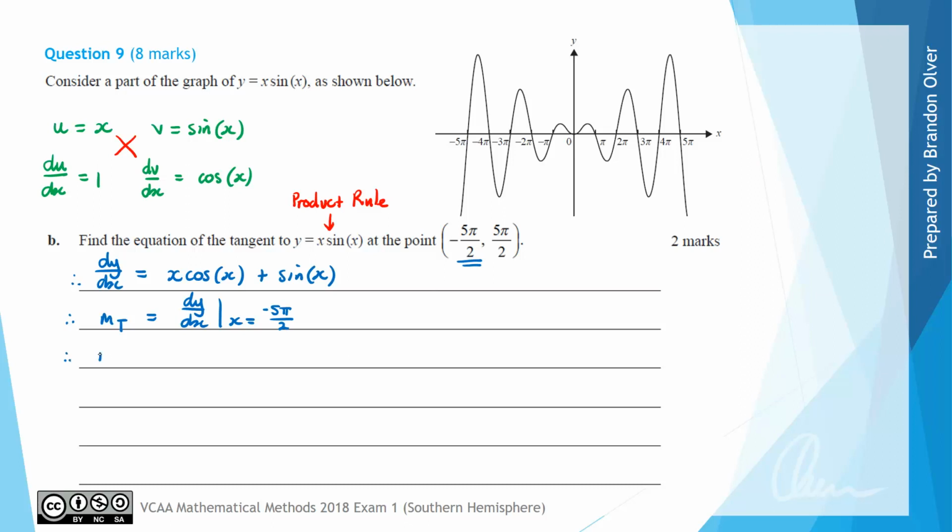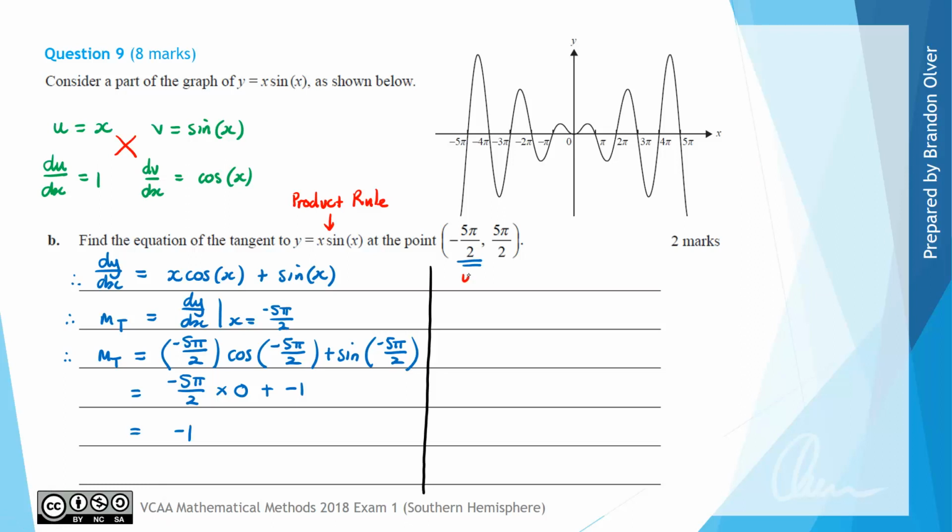So therefore the gradient of that tangent line is going to equal negative 5 pi on 2 times cos of negative 5 pi on 2 plus sine of negative 5 pi on 2, and that is going to equal negative 5 pi on 2 times, and cos of negative 5 pi on 2 is simply 0, and then we add on sine of negative 5 pi on 2, which is minus 1. So that is just going to equal minus 1 as the gradient of the tangent line.